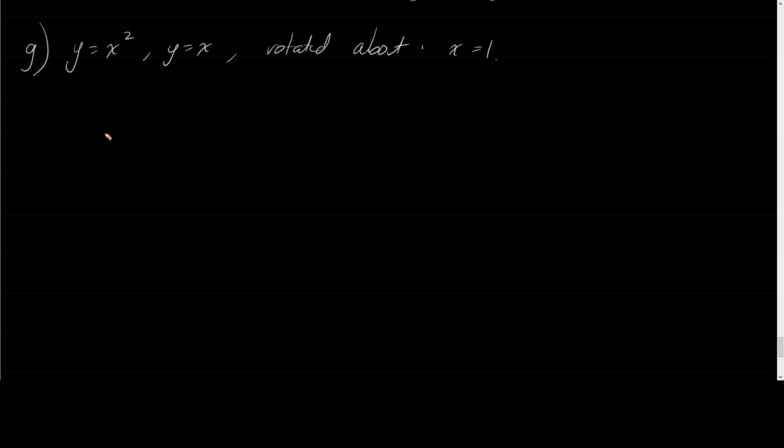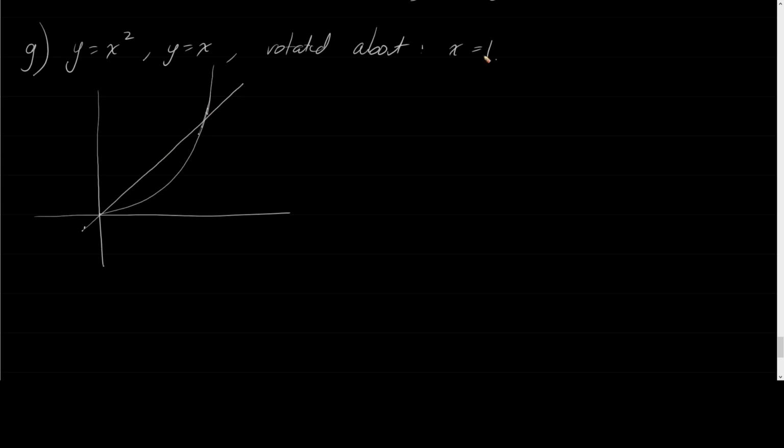So let's see what these look like. So I've got x squared, which looks something like this. We've got y equals x, which looks something like this. And we're rotating about the line x equals 1. Well, before I put that here, let's see where these two are equal to each other.